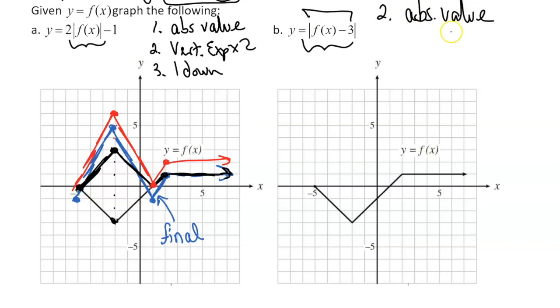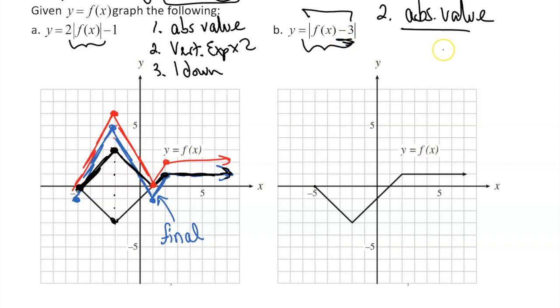So your order of operations is really tricky here. Treat those absolute value bars like brackets. If there's something happening within the absolute value bars, you have to perform that transformation first, and that's why we're going down 3 first, because that's inside.